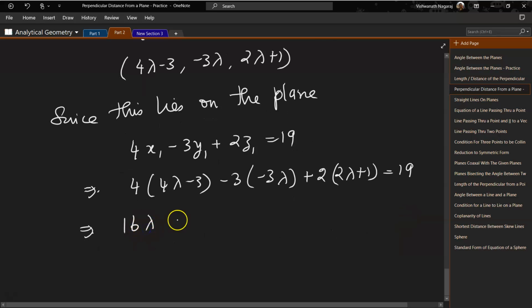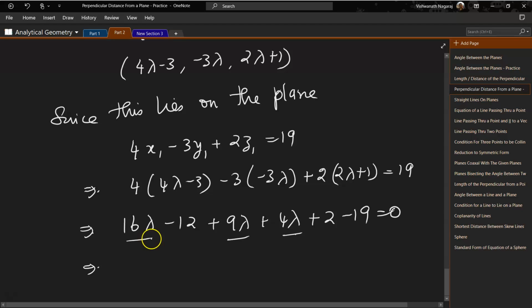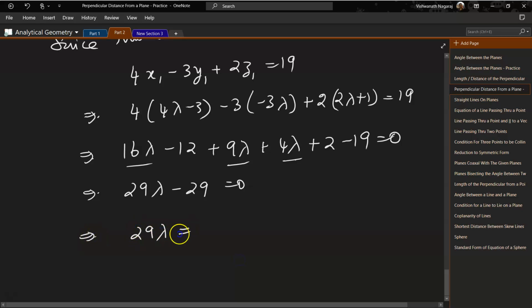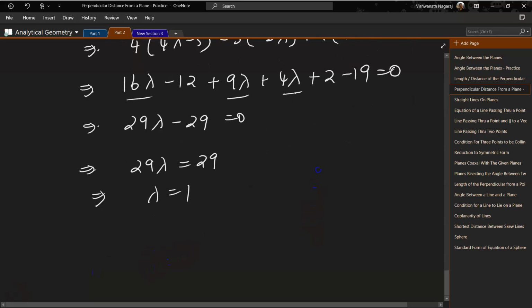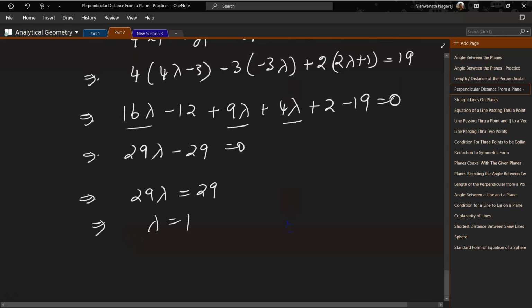Of course, 16 lambda minus 12 plus 9 lambda plus 4 lambda plus 2 minus 19 equal to 0. 16 lambda, 9 lambda, 4 lambda: this gives us 16 plus 4, 20, plus 9, 29 lambda. Minus 12 plus 2 gives us minus 10. Minus 10 minus 19 is minus 29 equal to 0, which implies 29 lambda is equal to 29, which implies lambda equal to 1. So the coordinates of the foot of the perpendicular would be what?